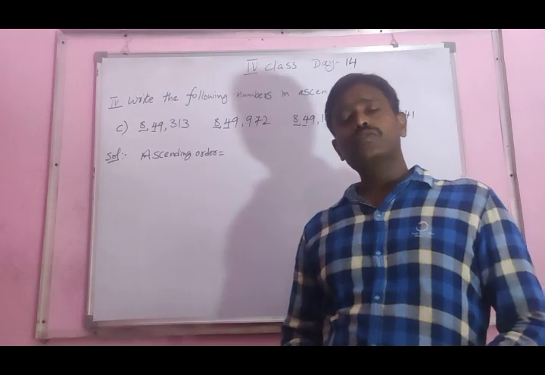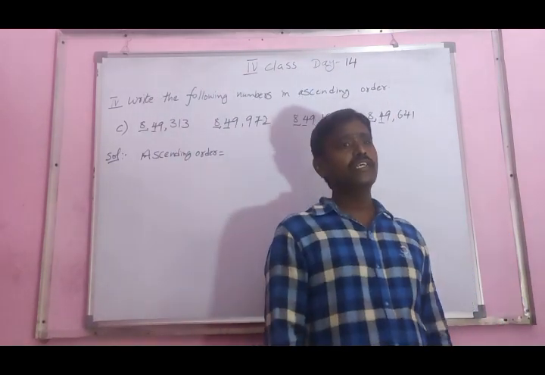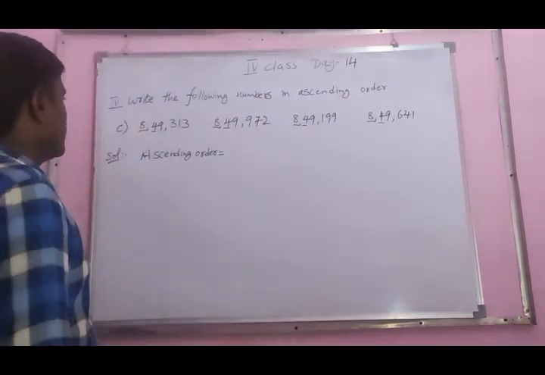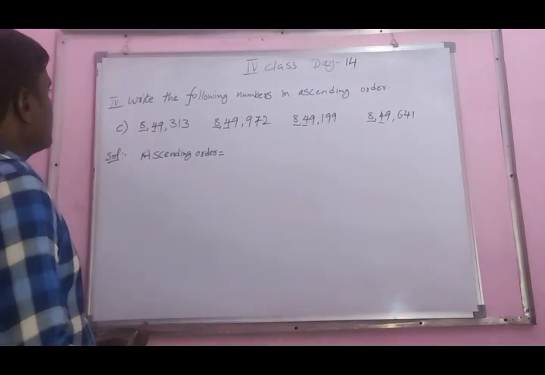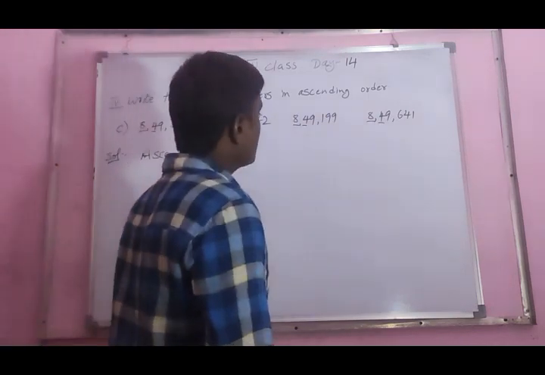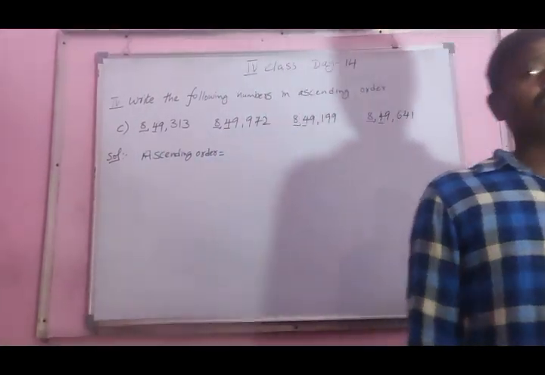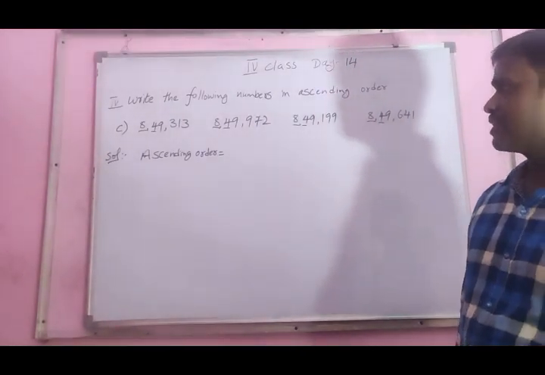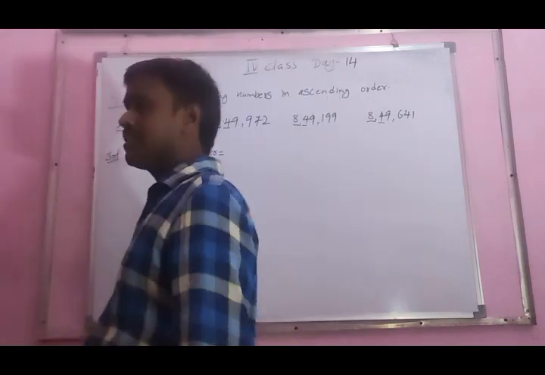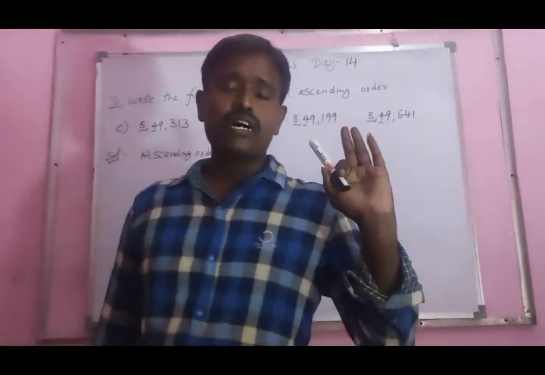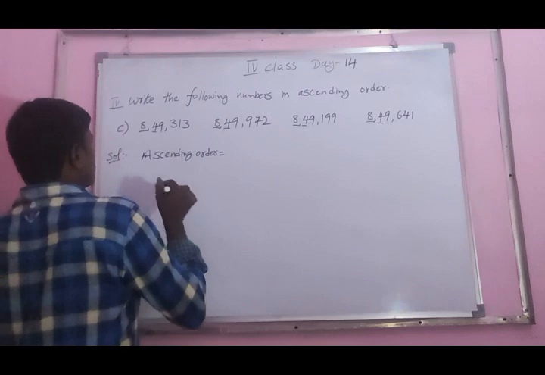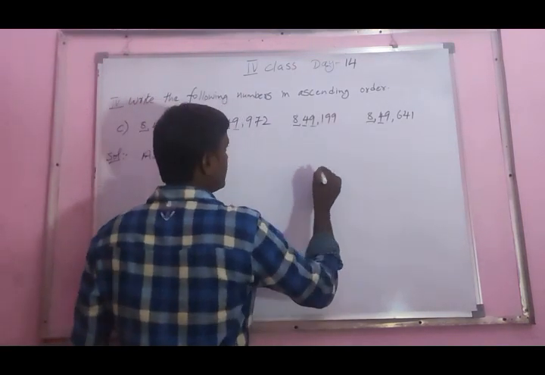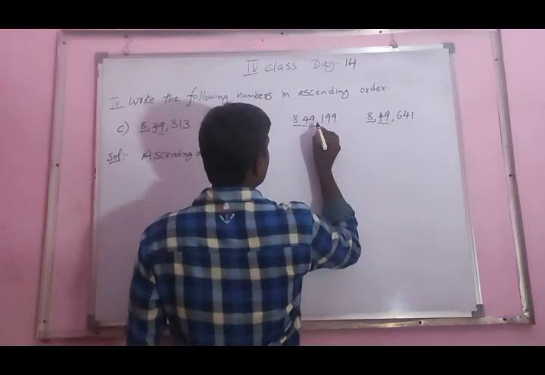So we move to the next place again to compare the numbers. That means thousands place. Here, the thousand places are 9, 9, 9, 9.